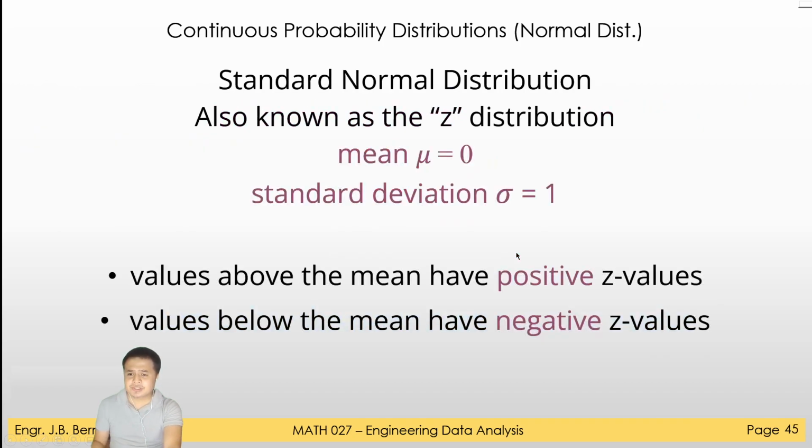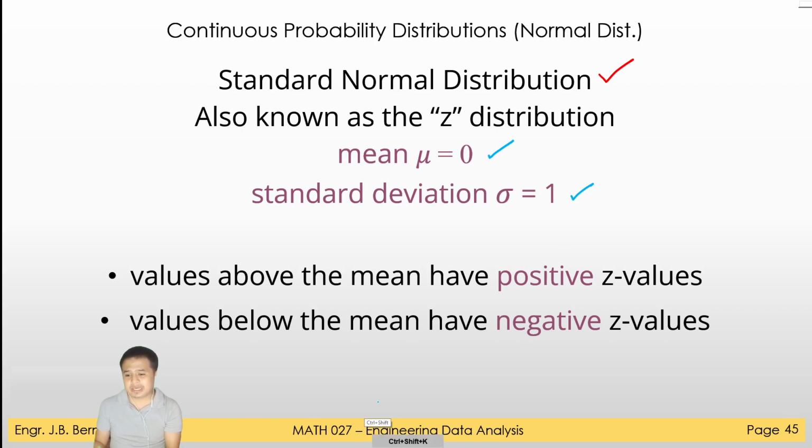Okay, so again, what are the properties of the standard normal distribution? Its mean is 0 and its standard deviation is 1. Values above the mean are positive z values, and values below the mean are negative z values.